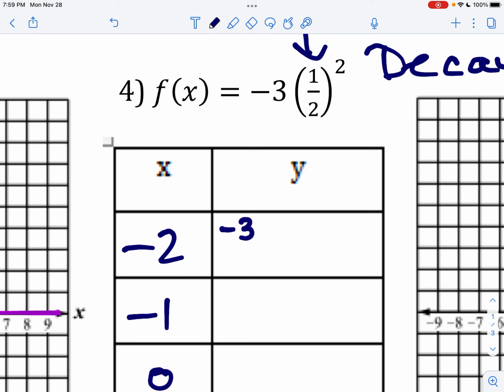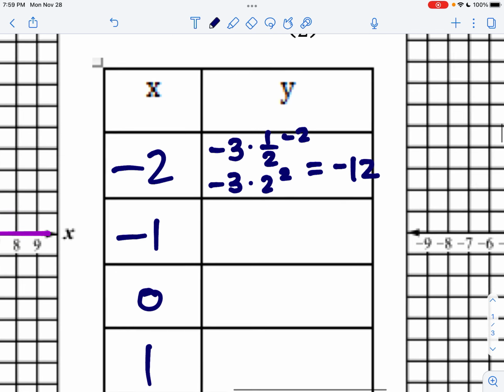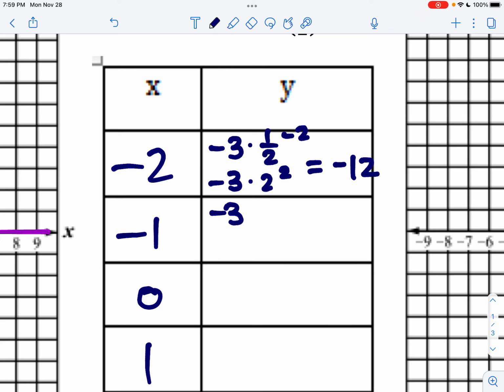So -3 times 1/2 to the -2. That means I'm going to flip it and make it positive. It's going to be -3 times 2 squared, which is -3 times 4, and that is -12. -3 times 1/2 to the -1, which is going to be -3 times 2, which is -6.